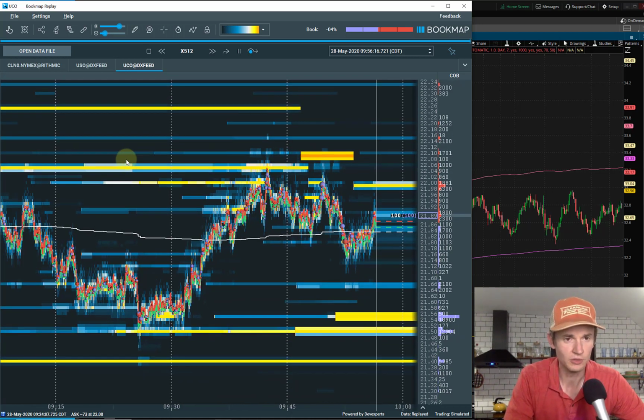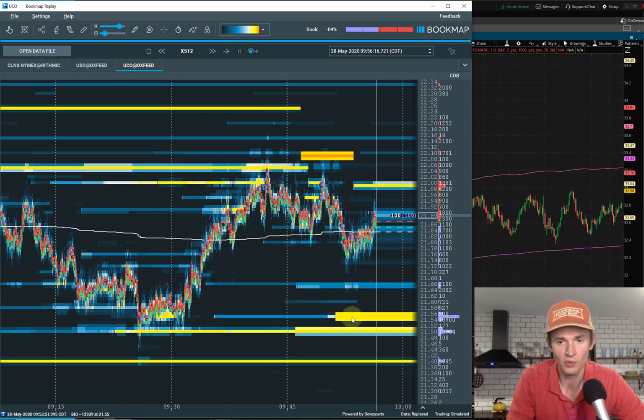All right, so if we go over here to UCO, like I said, UCO pretty much tracks perfectly with oil most of the time. Nothing is ever perfect, but most of the time. Comes down, bigger highlighted area of buyers, bounces up, bigger highlighted area of sellers, bounces down, and that's the way the game goes.